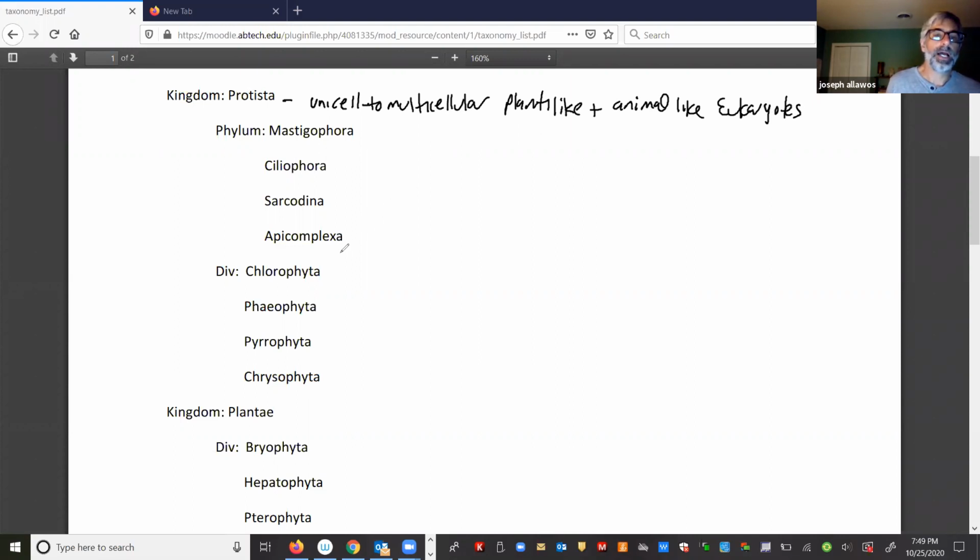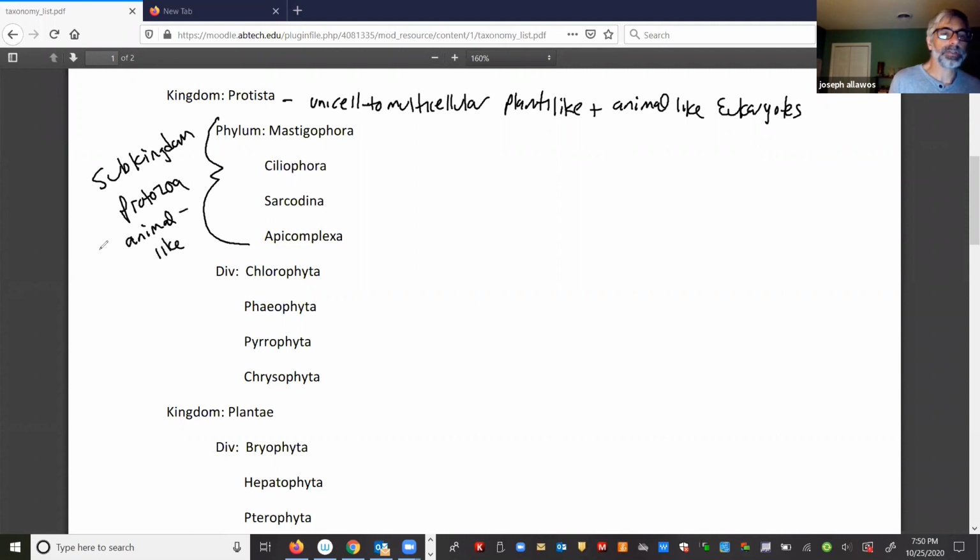Okay, plant-like in the subkingdom algae and animal-like in the subkingdom protozoa. Okay, so I'm going to add a little note here. What about these? These are all in the subkingdom protozoa.